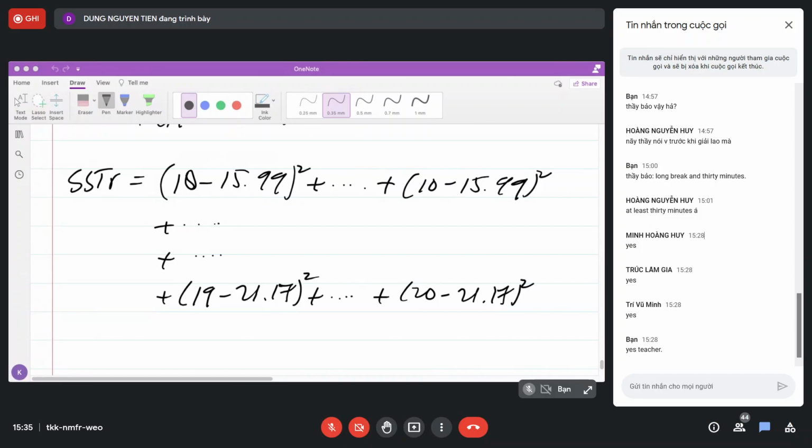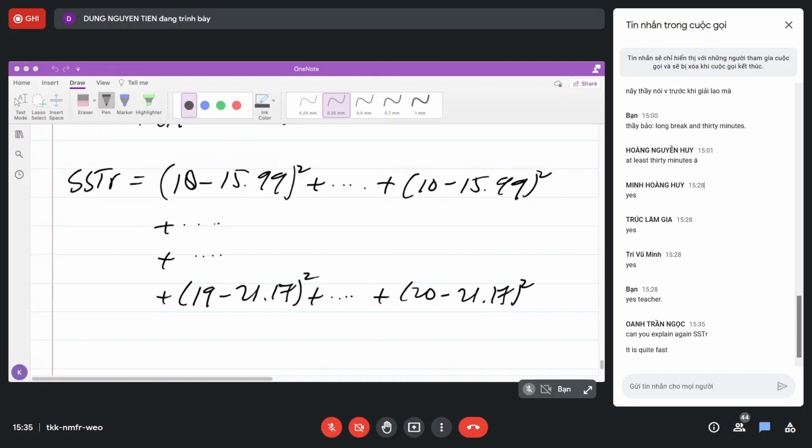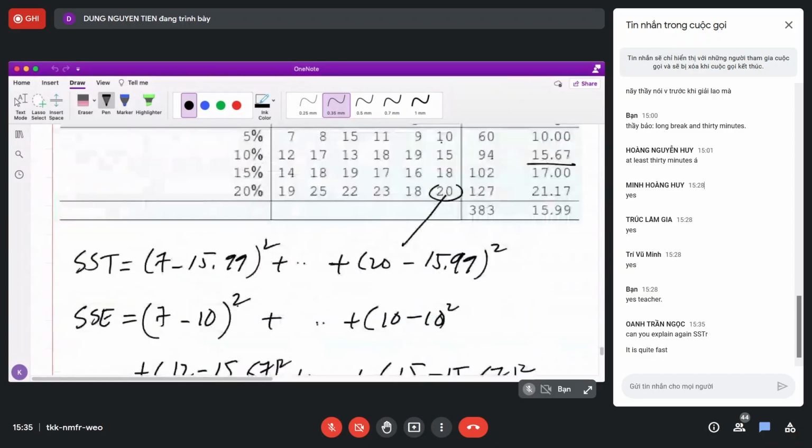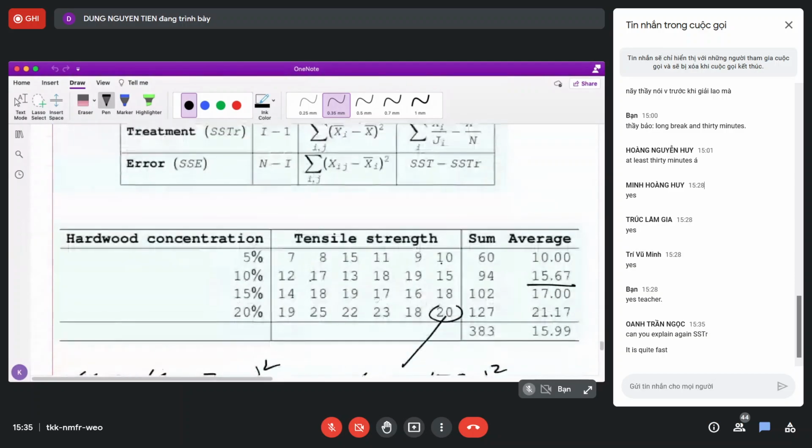So you can find the treatment sum of squares, you can find the error sum of squares, and you can find the total sum of squares. For the SSTR, you get (10 minus 15.99) squared, and because there are 6 observations here, there should be 6 terms.